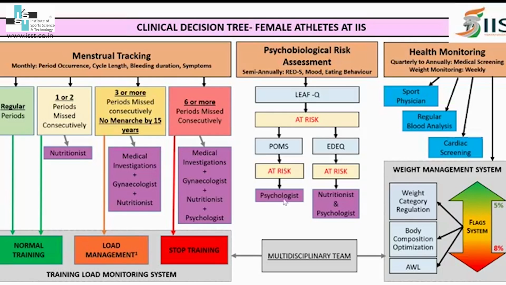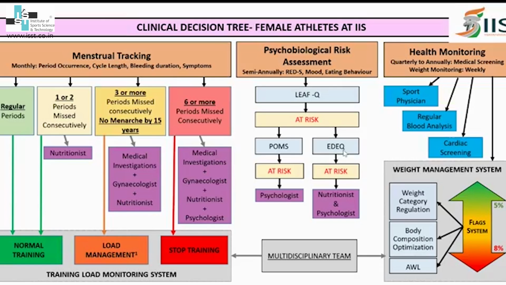And what we do in that case is use a mood questionnaire, a profile of mood state, which is the POMS questionnaire, and an eating disorder questionnaire, which is the EDEQ. And if the athlete is at risk on POMS, which is, if we detect any sort of mood disturbances for the athlete, the psychologist would go ahead and see the athlete.